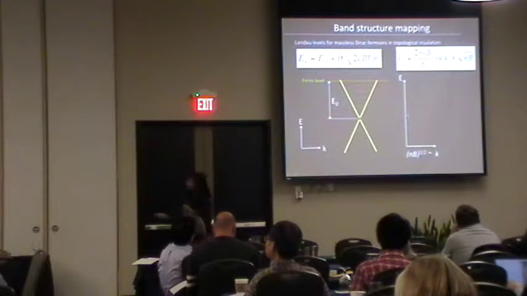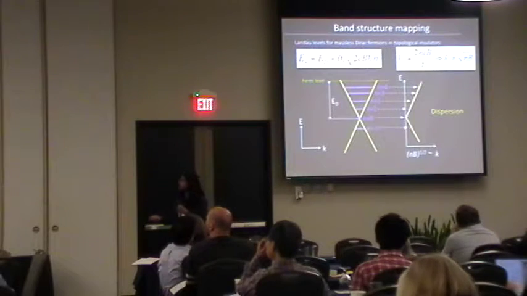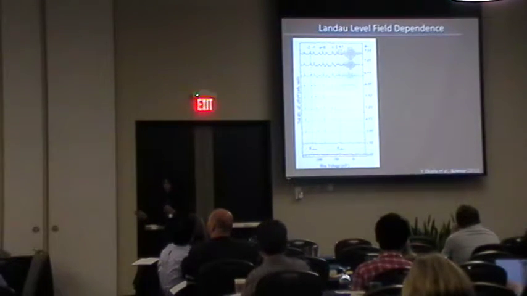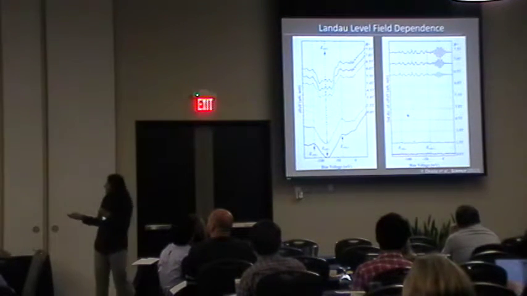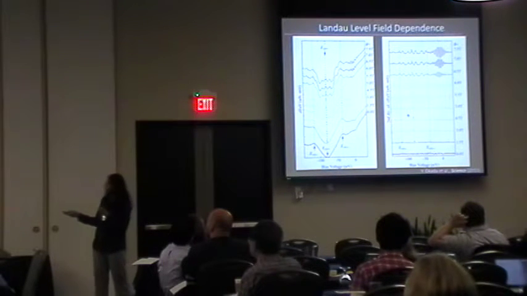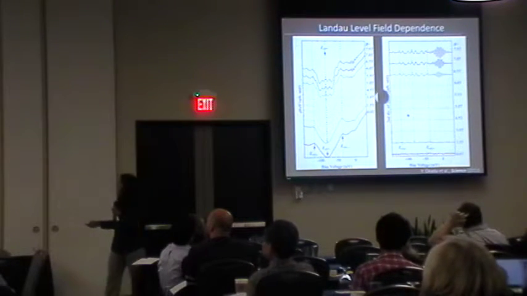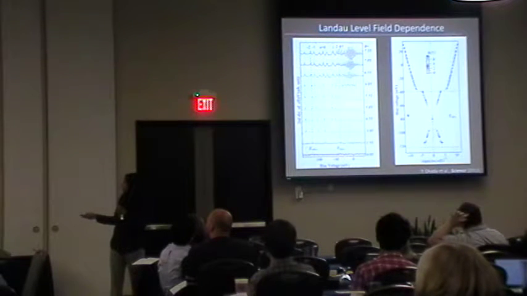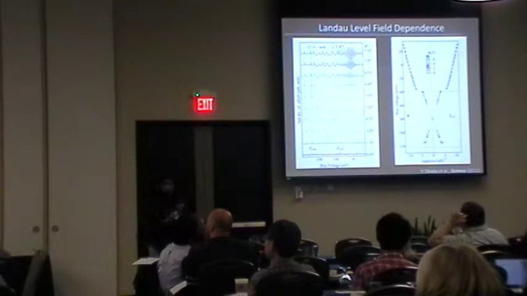So here's an example. Let me just go to the example. This is lead-tin selenide, and you turn on a field, look at all these peaks. Each peak is a Landau level. And now, if you were to plot energy versus momentum, you get beautiful linear dispersion.